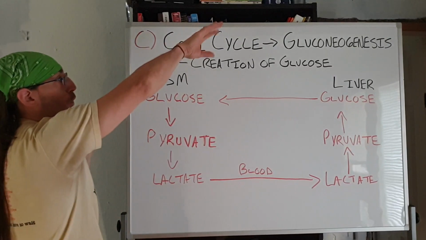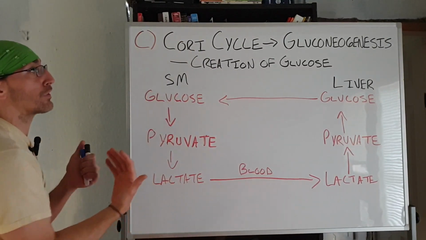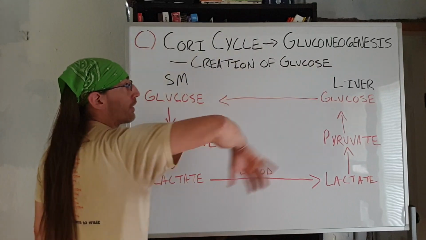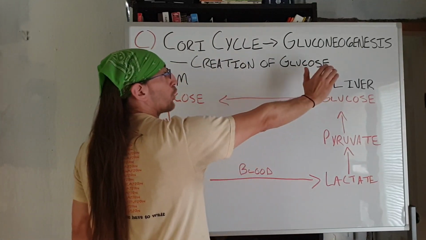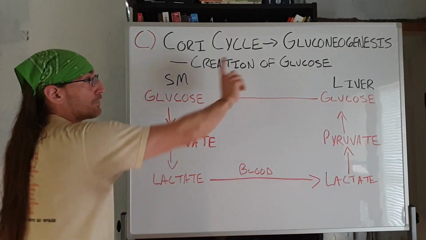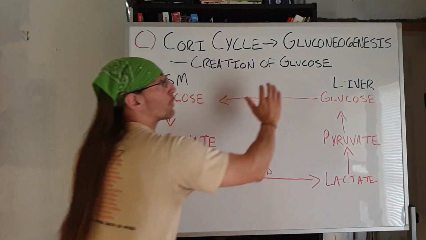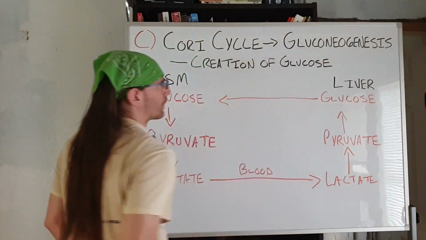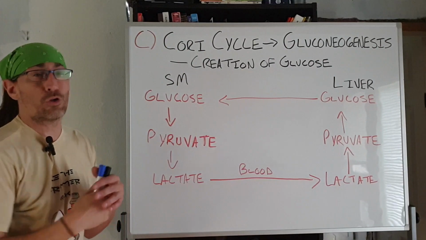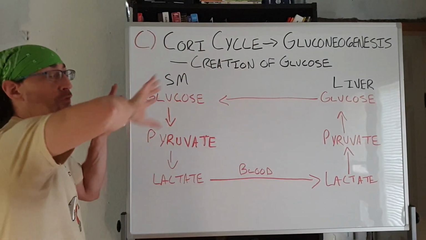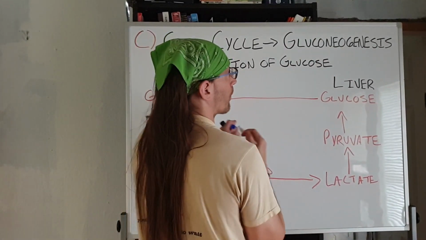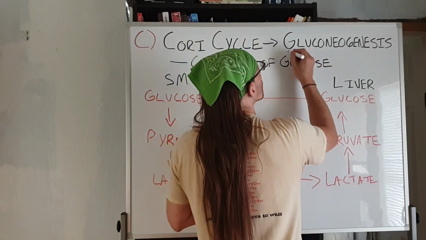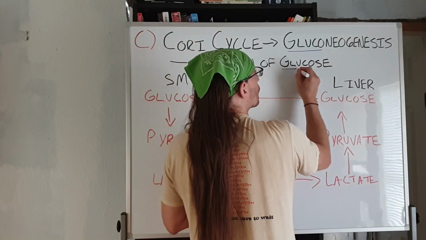So the Cori cycle. What it really is, is a special way of creating glucose. It's what's called gluconeogenesis. Let me break these words down so we know where it's coming from. Gluco, we can see in glucose.